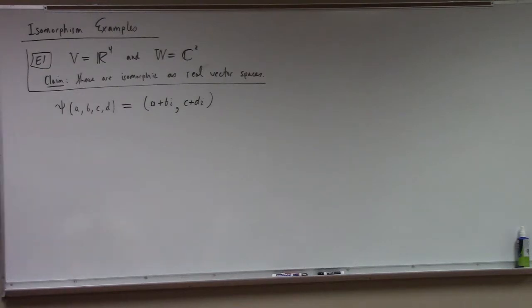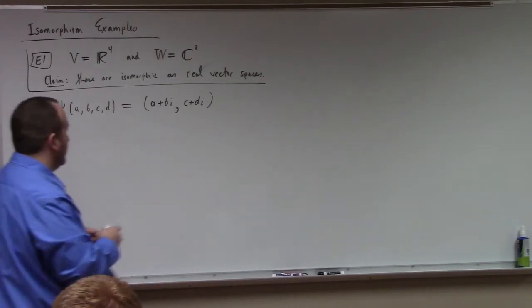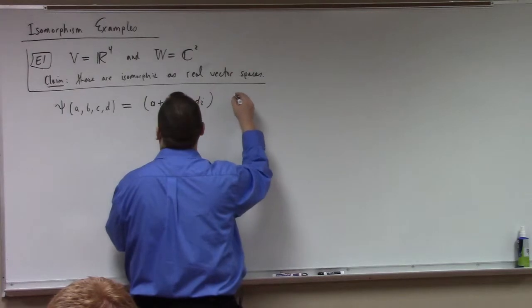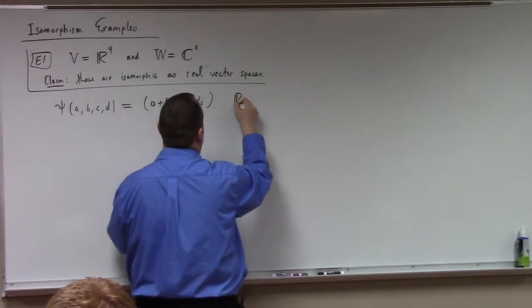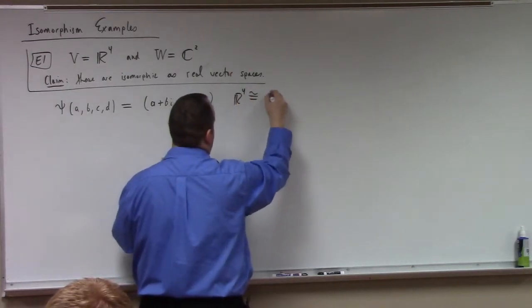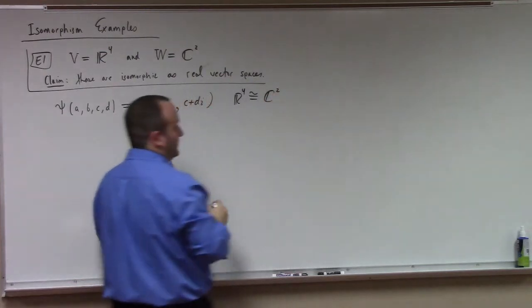You can prove that this is a linear map over the reals. It's surjective. It's injective. In fact, you could easily write down the inverse to this map, right? So it's a linear bijection, which means that that's an isomorphism. So this supports my claim that R4 is isomorphic to C2 as real vector spaces.